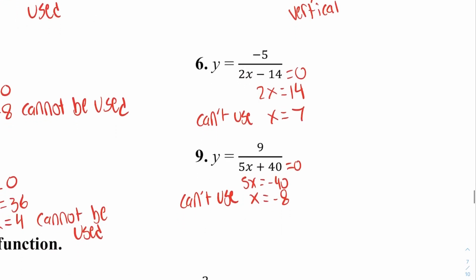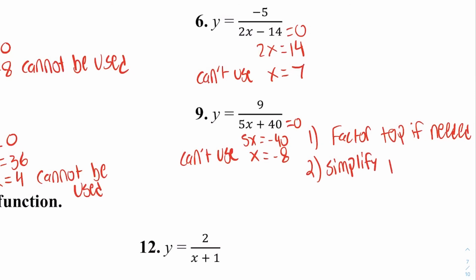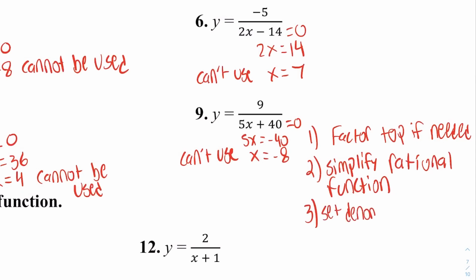So the steps are: factor the top if you need to, simplify the rational function, which is what we learned in our last lesson, was sometimes you can cancel some things out.